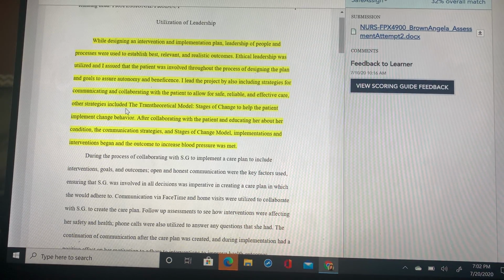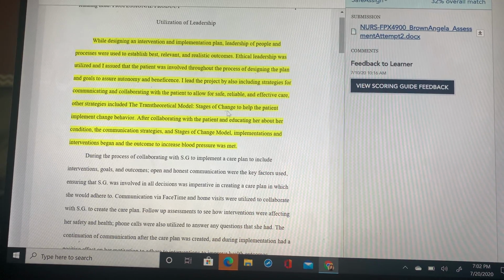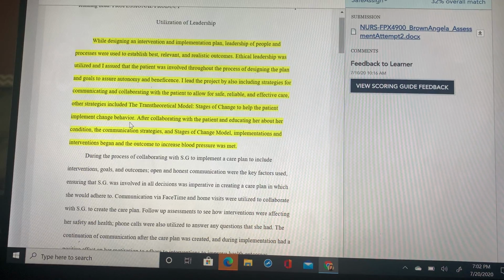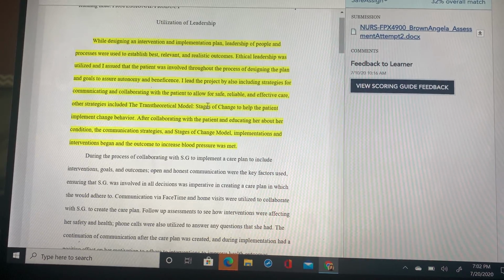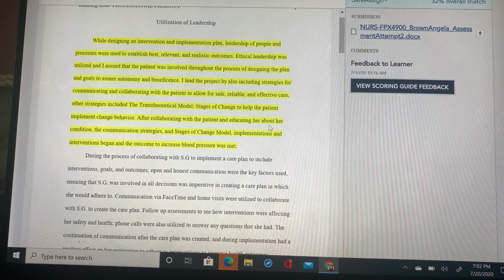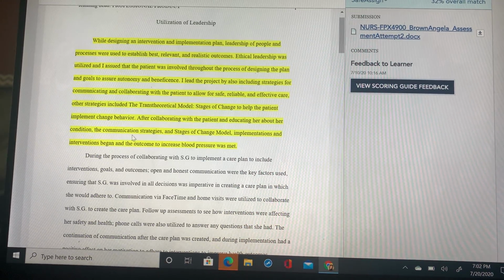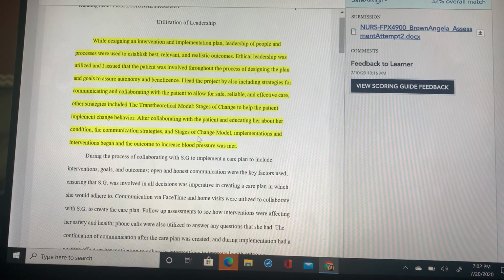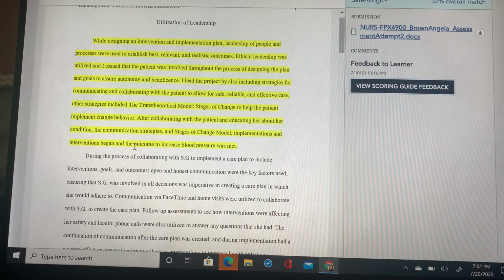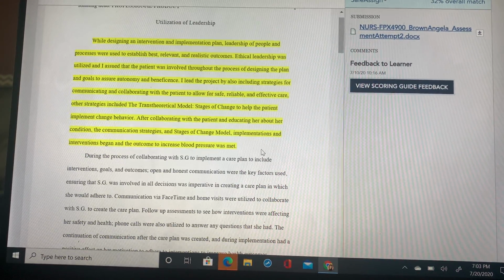Other strategies included the theoretical model, stages of change, to help the patient implement change behavior. So that was evidence-based. After collaborating with the patient and educating her about her condition, the communication strategies and stages of change model, implementation and interventions began, and the outcome to increase her blood pressure was met.